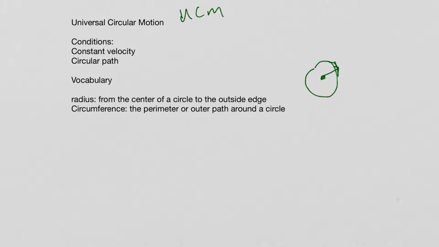And then circumference, and circumference is really just the path that takes us around the circle. The whole path, so the whole distance around here. And if you remember, that equation is just going to be c equals 2 pi r. Circumference is equal to 2 pi r, and that's going to be important as we discuss uniform circular motion.